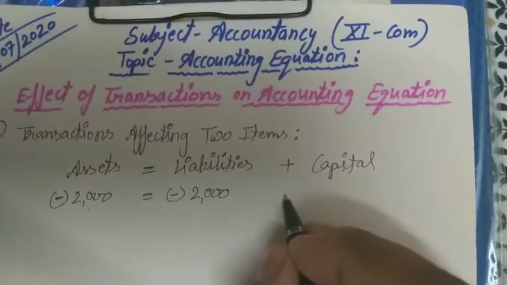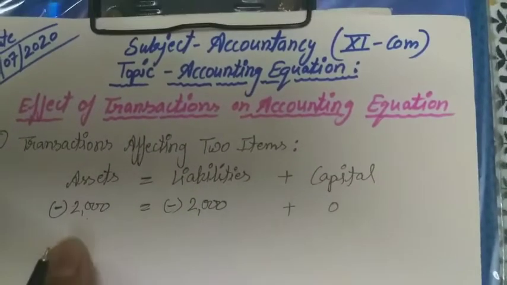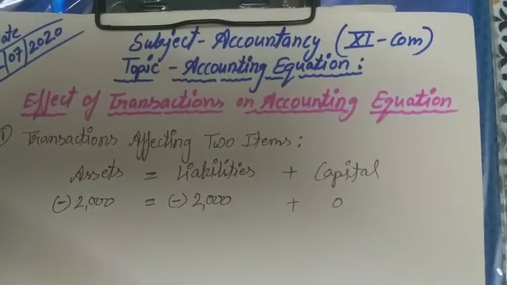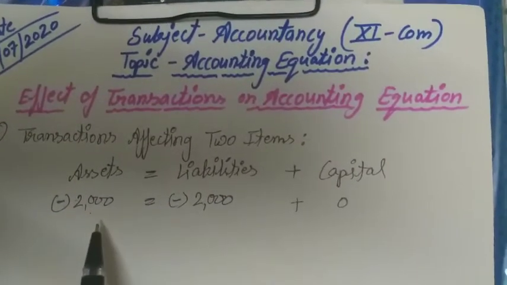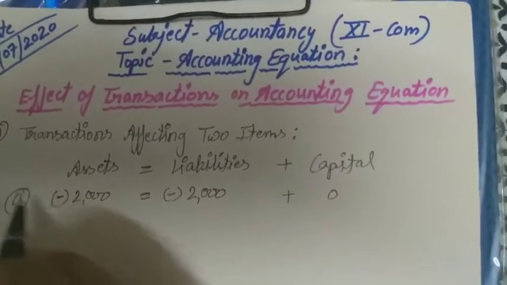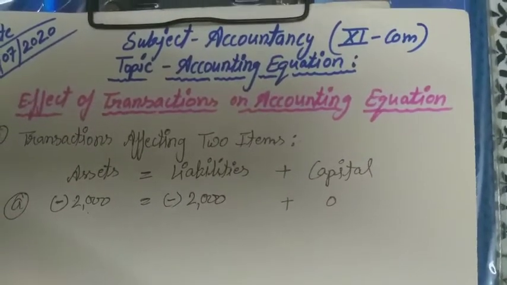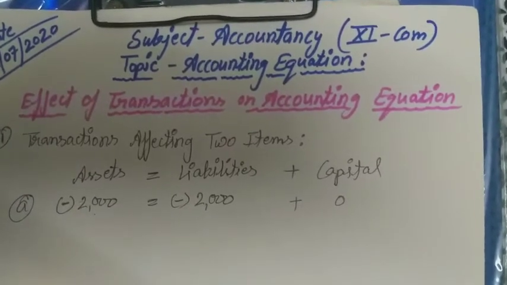There will be no effect on capital. So after this transaction, the equation is still equal. This is a transaction which affects only two items.